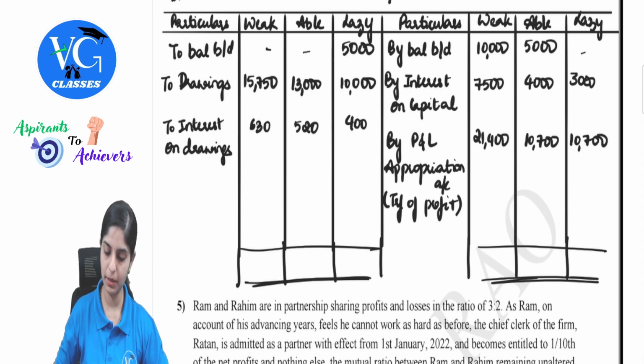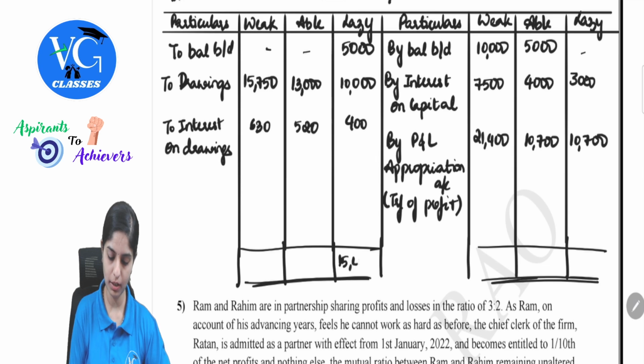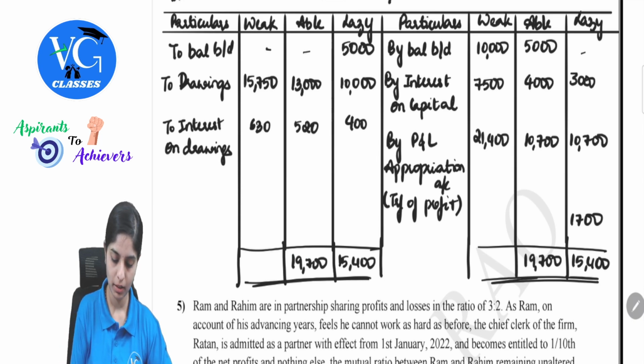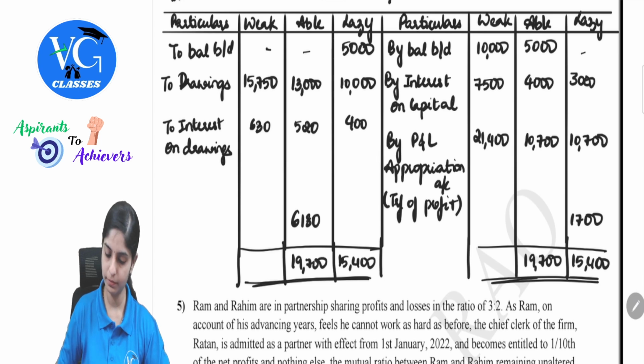For Lazy, the debit side would be more. 15,400 minus 3,000 minus 10,700, that is 1,700. For Able, 5,000 plus 4,000, 10,700 is 19,700, minus 13,000 minus 520, 6,180.